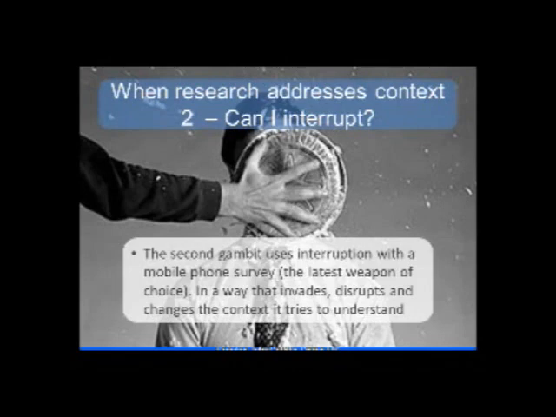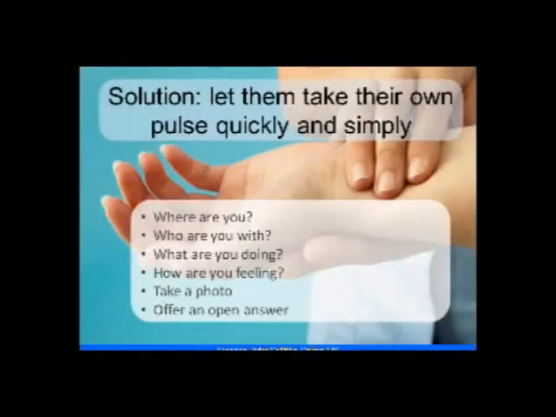The problem I've got with this is that as soon as you use a mobile and ask a whole series of questions, what you've done is simply to transplant the mechanism of the survey or asking questions and to drop it straight into the immediate context in a way which potentially, if you overload it, takes the person out of their context and puts them into an answering mode which almost changes the mood, changes what they're doing. And so we have to be very careful. And so this is my concern about a lot of mobile research, in that it isn't addressing context, it's actually taking people straight out of it.